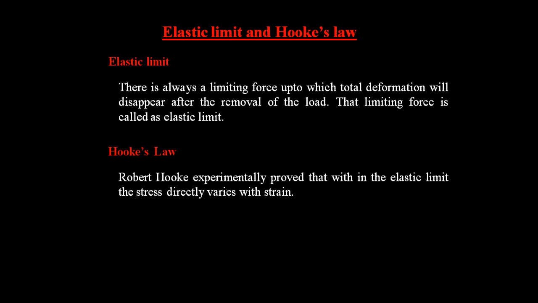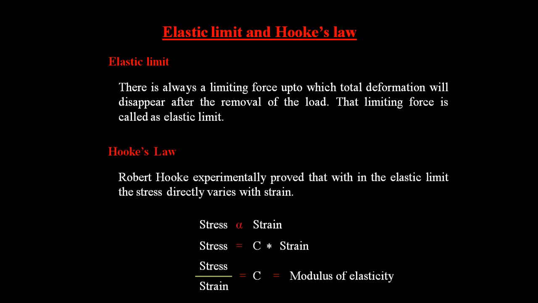For making it an equation, we have to take one constant of proportionality. So stress is equal to some constant value into strain, and stress by strain can be written as some constant. This constant is called the modulus of elasticity. Modulus of elasticity is the ratio between stress and strain obtained from Hooke's law. What is Hooke's law? Within the elastic limit, the stress is directly proportional to strain.